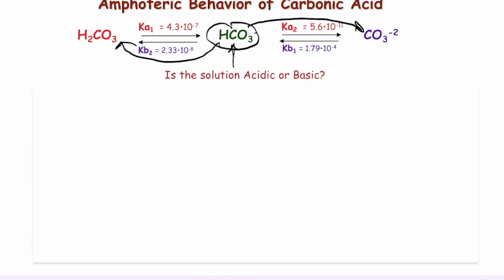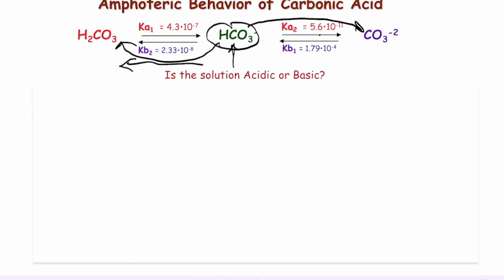When hydrogen is released from bicarbonate, it has a Ka of 5.6 times 10 to the minus 11. When hydrogen is picked up by bicarbonate, it has a Kb of 2.33 times 10 to the minus 8. You can see that 2.33 times 10 to the minus 8 is 3 orders of magnitude bigger than 5.6 times 10 to the minus 11. So this is the preferred path.